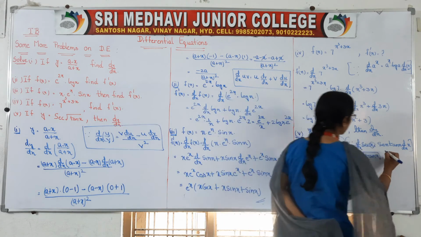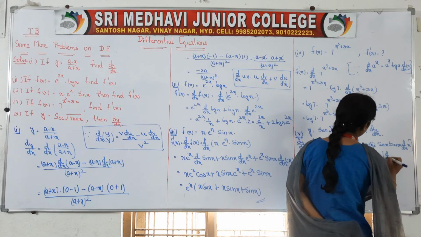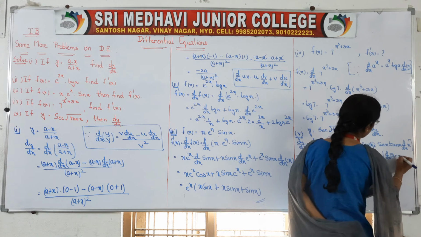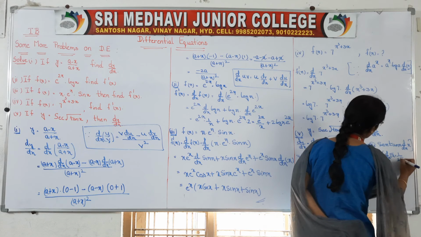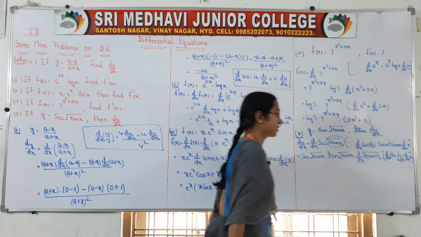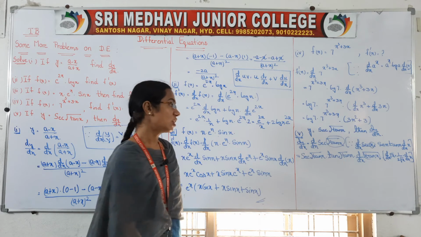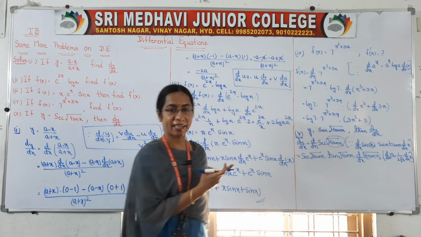Again there is one formula. What is that formula? d by dx of root x is equal to 1 by 2 root x into d by dx of x. Okay, so instead of x, we are having tan x.